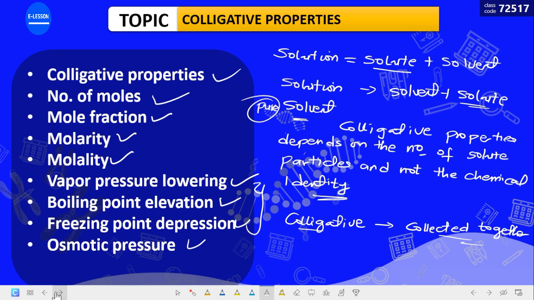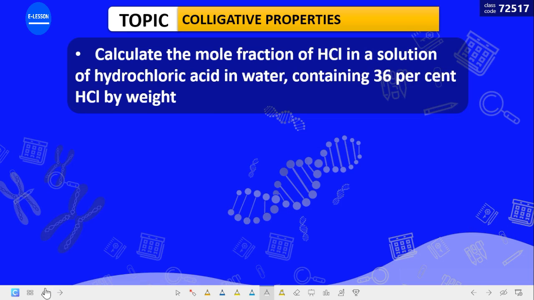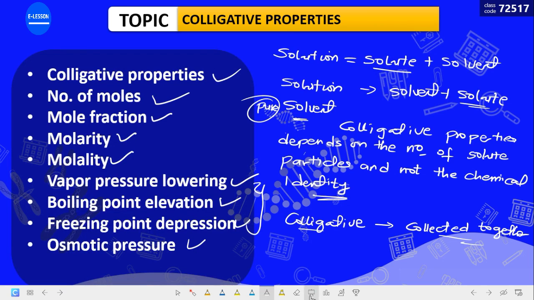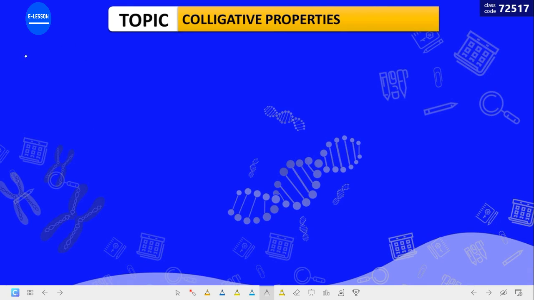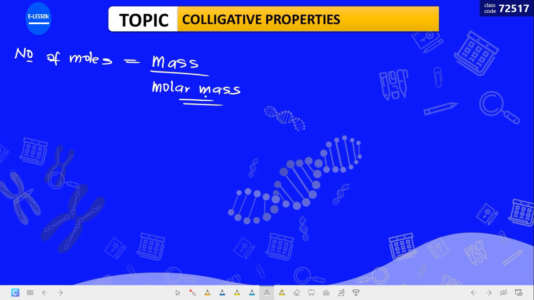Now let us talk about the number of moles. From our studies of chemistry, we know that the number of moles is equal to mass over molar mass. So if you are given the mass and you know how to calculate the molar mass, you should be able to calculate the number of moles.